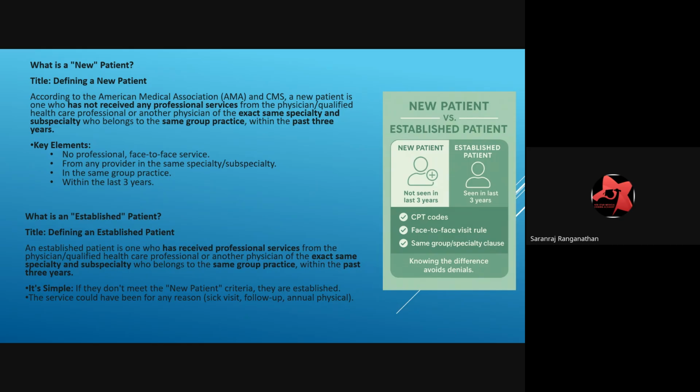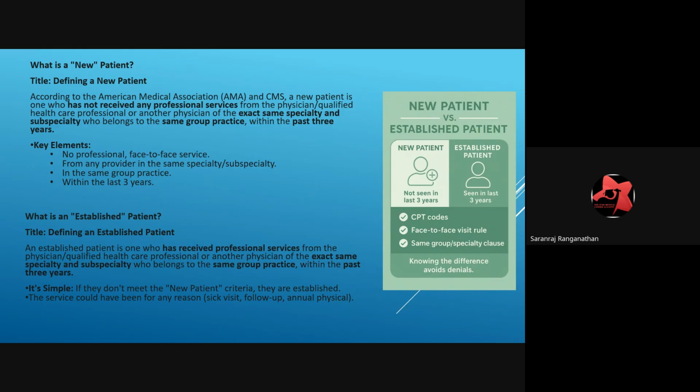So there are two chances. One is the first time when you go to the hospital, otherwise for the same specialty after 3 years. These are the two chances where you get a new patient. There is one more chance also. Say for example, in 2026 you go to the cardiology department. In 2027, you go to the nephrology department. Now the entire specialty is getting changed.